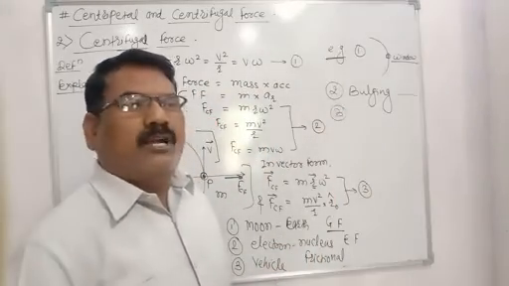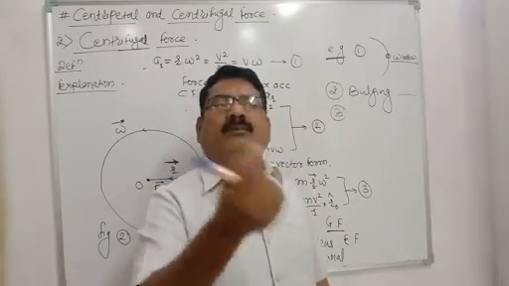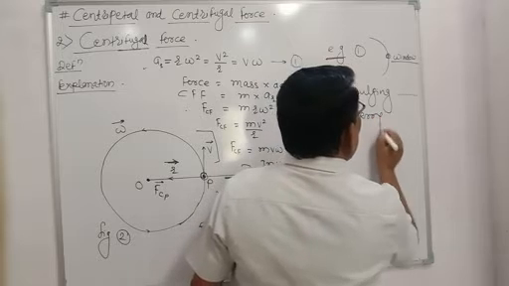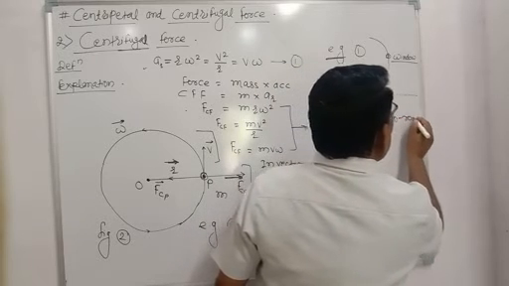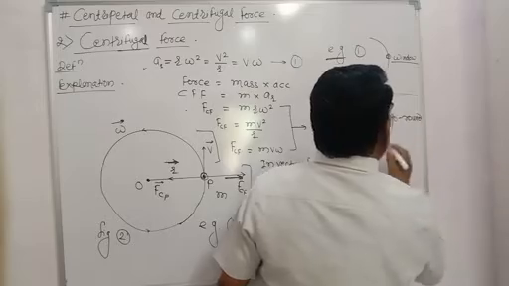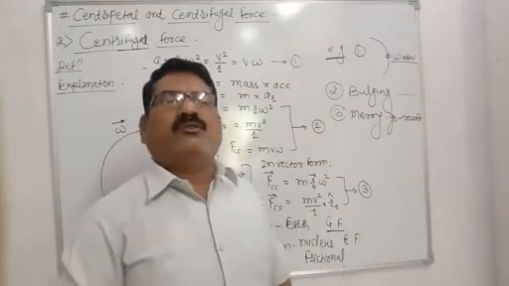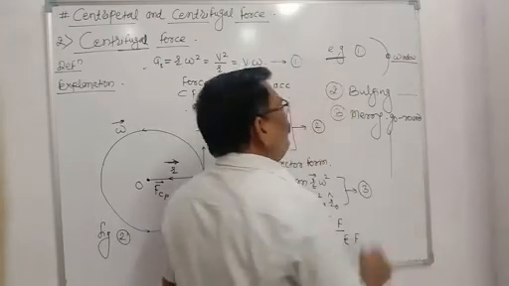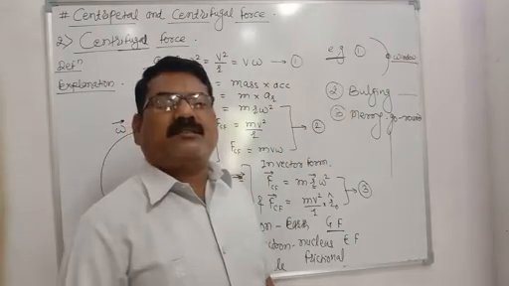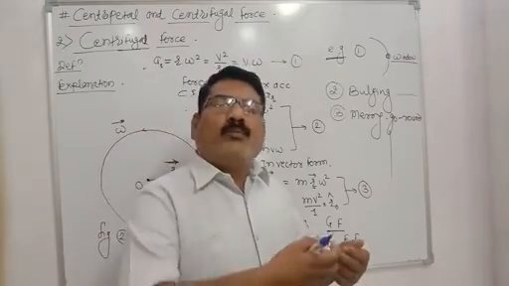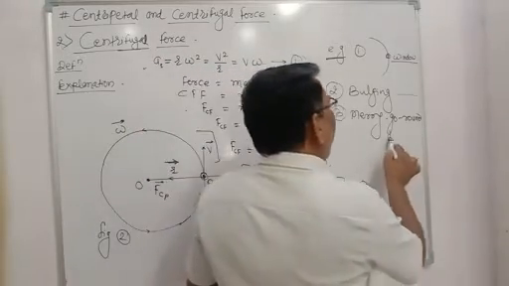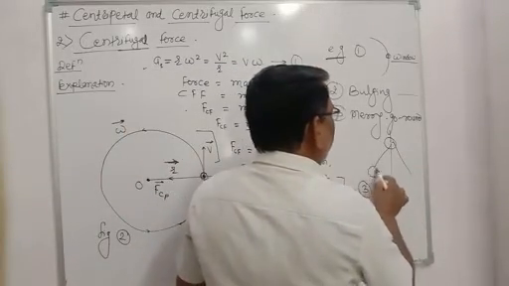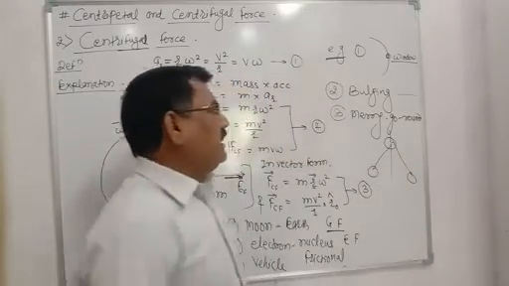Then the third example we can give is the merry-go-round. In a merry-go-round, dear students, you know that the chairs are pulled away from the axis of rotation, and that happens due to the centrifugal force.